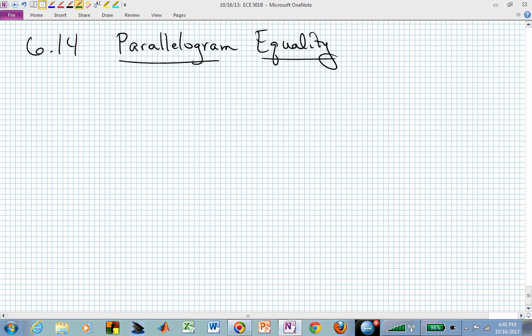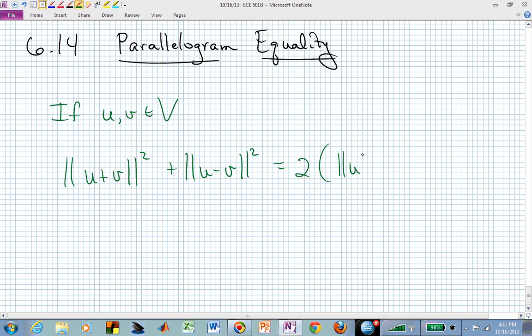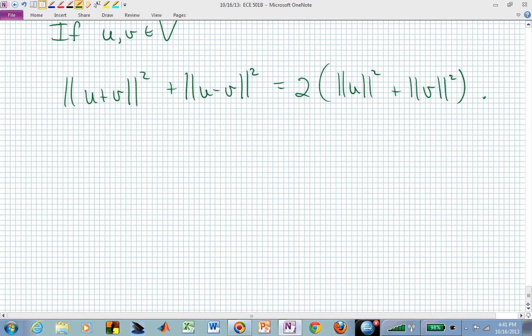So let's say that we're given two vectors u and v in V. Then we can say that the sum of those two vectors, their norm squared, plus the difference of those two vectors, norm squared, is equal to twice the norm of u squared plus the norm of v squared.